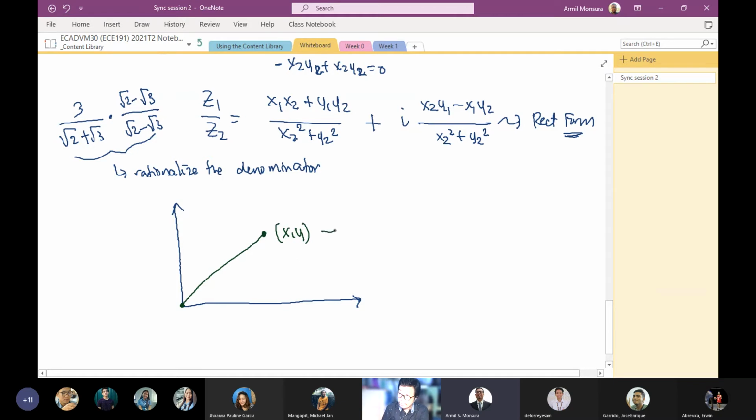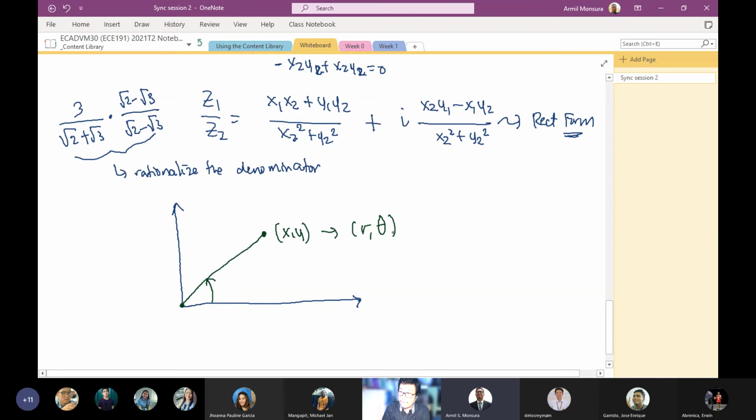When you say polar coordinates, this is its r, or how long this line is. We call it the magnitude. And theta. This theta is the angle that is made between the positive x-axis and this line. We call this the radial line.